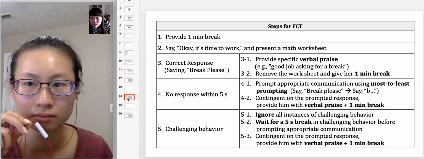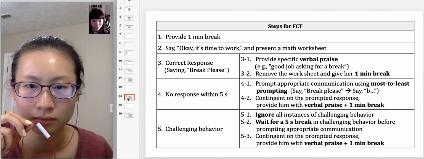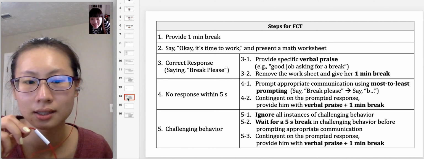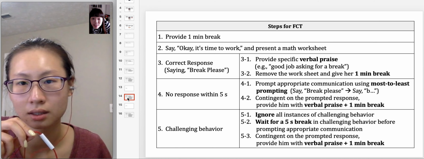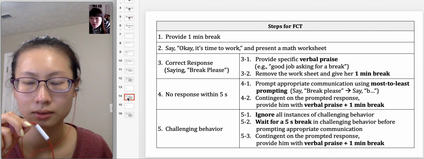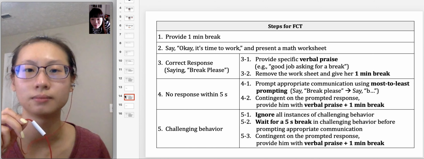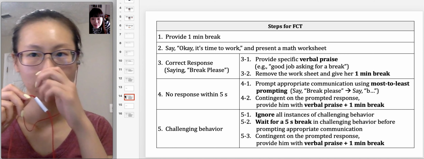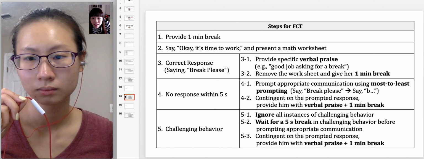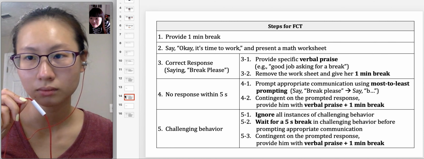And then I will say, if you do not want to do the math worksheet, you can say break please. Break, please. Good job asking for a break. Now you can have a 1 minute break. So I used the 0 second time delay. And then after the 1 minute break, I will represent the math worksheet. Okay, it's time to work.